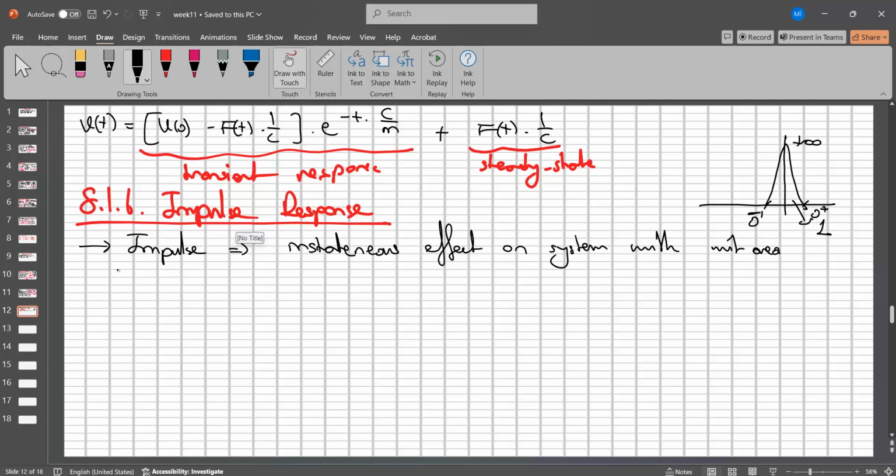So, if this is the case, just remember the formula. m v dot plus c v is equal to f(t), right? And so, for the impulse response, if we take the Laplace transformation of these terms, we have m(Vs minus V0) plus cVs equal to the Laplace transformation of the impulse. It's not 1 over s, that is the unit step.